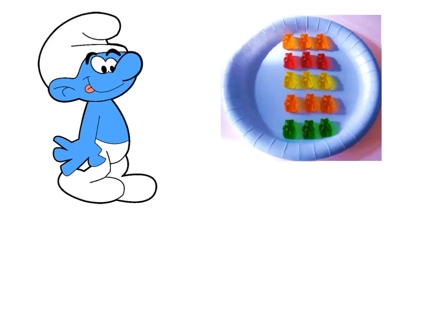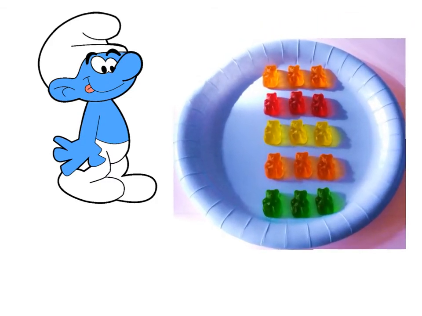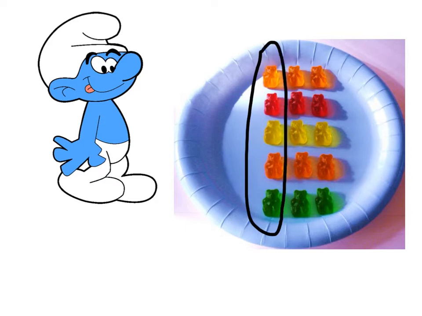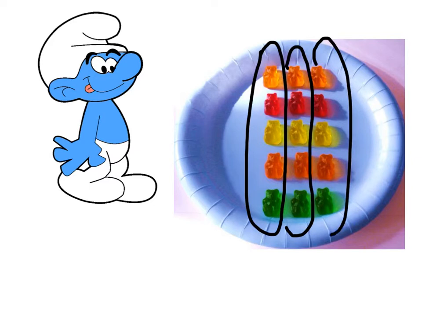Let's imagine that these gummy bears are going to be shared amongst some other Smurfs, not just Greedy Smurf. Let's imagine that these gummy bears are going to be shared between 3 friends equally. Let's see if we can share them between 3 friends equally. Well, one friend would get 5, and another friend would get 5, and another friend would get 5.